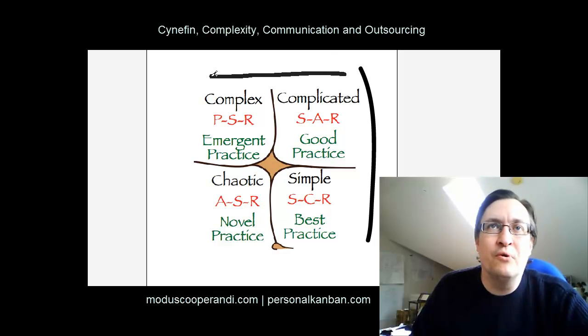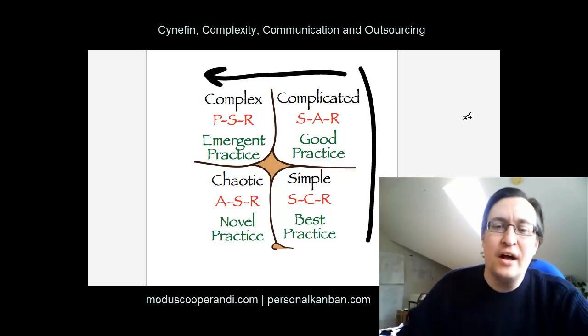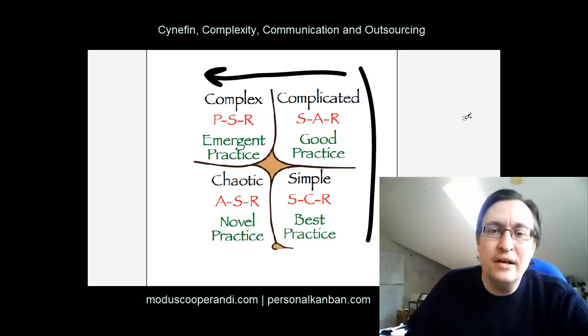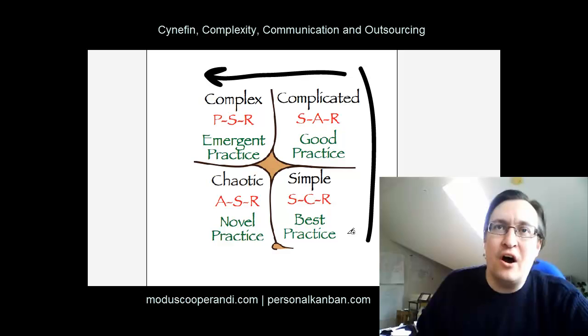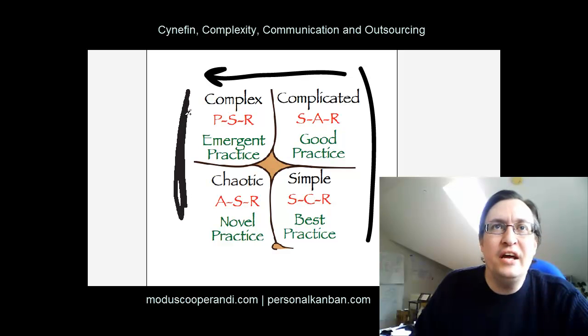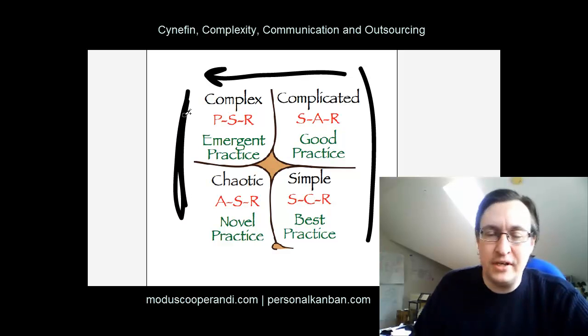But the more we're moving in this direction, the more guidance people need, the more conversations people need to have, not only to get the right thing done, but to make sure that everybody knows what's going on. Because also, the amount of information that's needed to manage anything over here is crazy higher than it is over here.